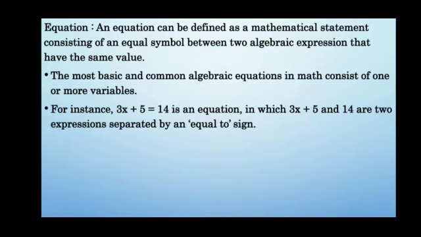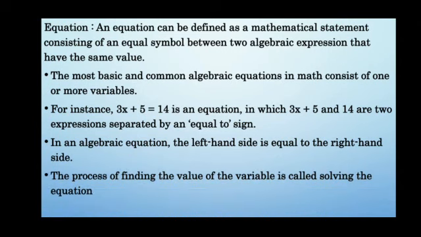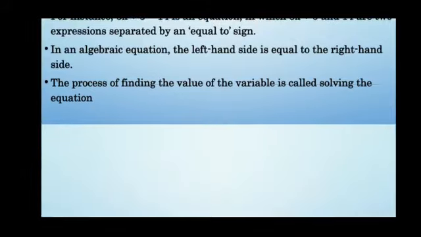For instance, 3x plus 5 is equal to 14 is an equation in which 3x plus 5 and 14 are two expressions separated by an equal to sign. In an algebraic equation, the left hand side is equal to the right hand side. The process of finding the value of the variable is called solving the equation.